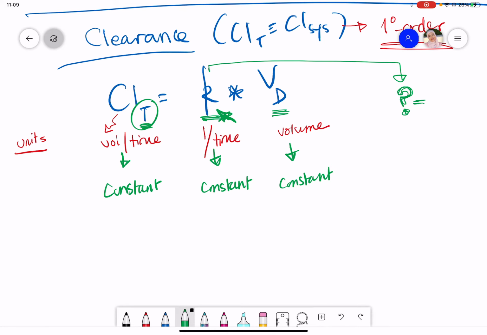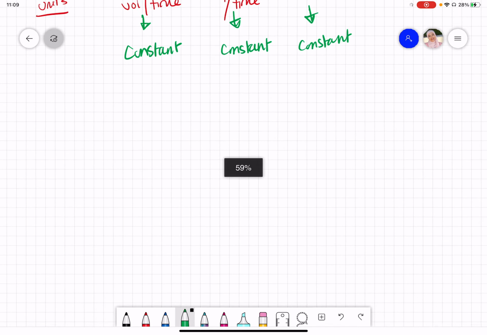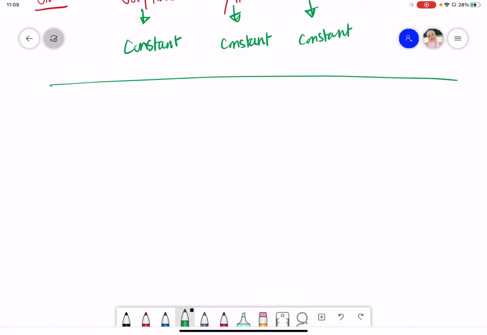We mentioned before that K equals the sum of the rate constants of all the different processes that we have in elimination, because this is the overall elimination rate constant, right?